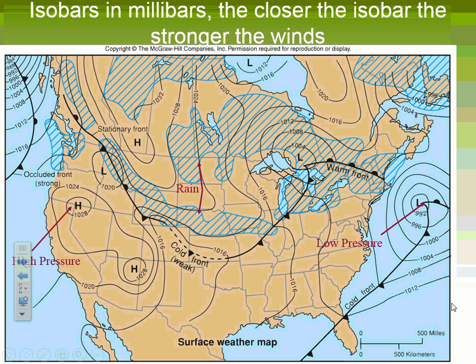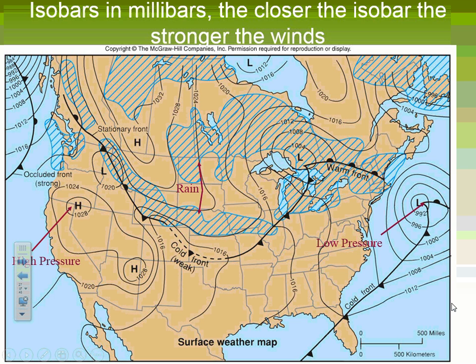Here's an example of an isobar map. When you look at this, you should be able to, as a meteorologist, tell where the winds are coming from, how strong they are, and whether, based on the pressure systems, there's rain or there's going to be a bright sunny day. If you look at this map, you can tell where those rain or precipitation systems tend to exist, and that's around those low pressure systems.